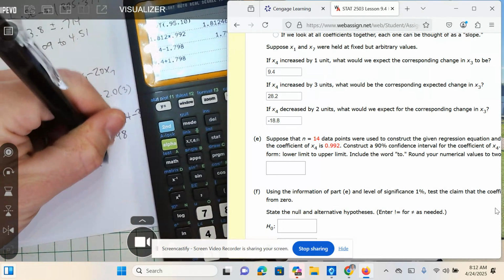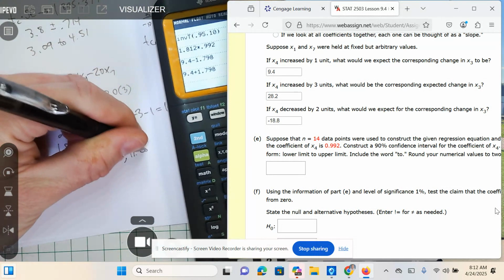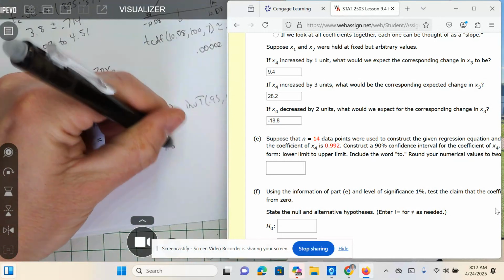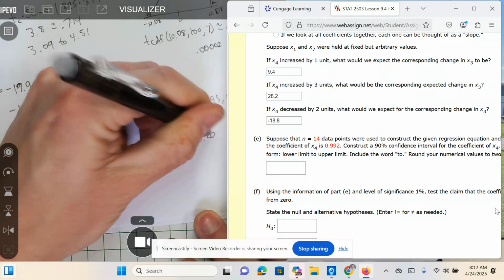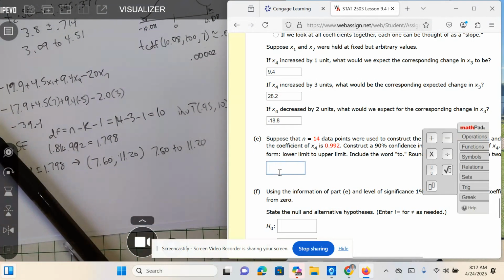So it'll be 7.60 to 11.20. I'm used to writing it in parenthesis form, so 7.60 to 11.20.